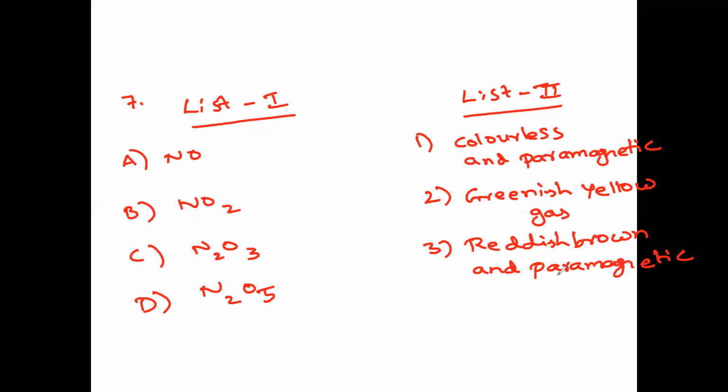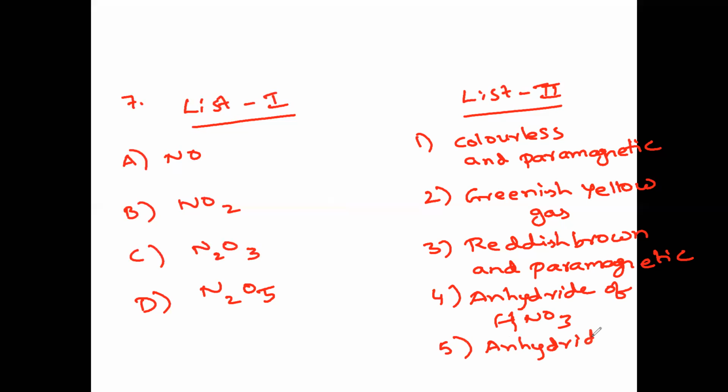Fourth option, anhydride of nitric acid. Like these questions, you can expect even for NEET as well as IIT, so they give matrix matching question types. Fifth one, anhydride of nitrous acid, that is HNO2. So these are the five points.